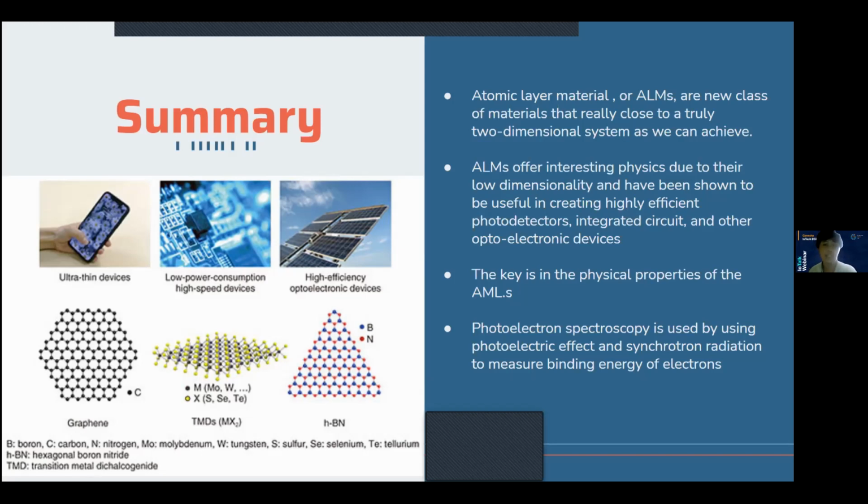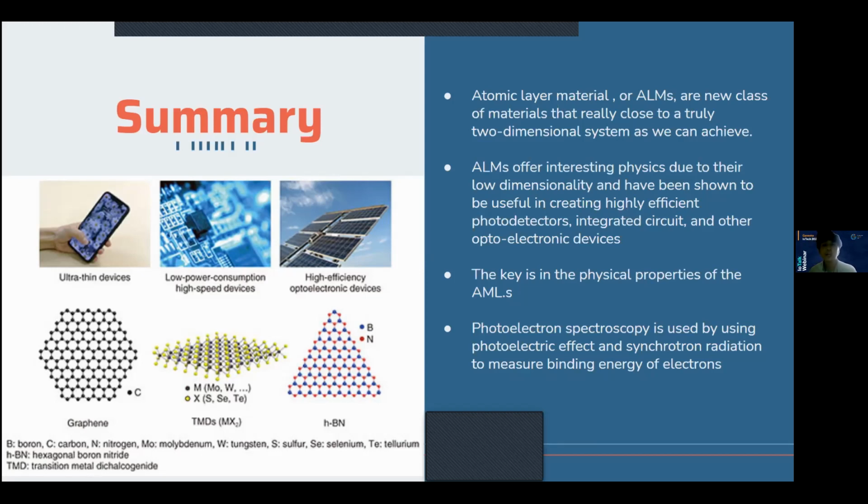Examples of ALMs are graphene, TMDs, and hBN. They could be used for ultra-thin devices, low power consumption, high-speed devices, and of course, high efficiency optoelectronic devices such as solar cells and any other devices.